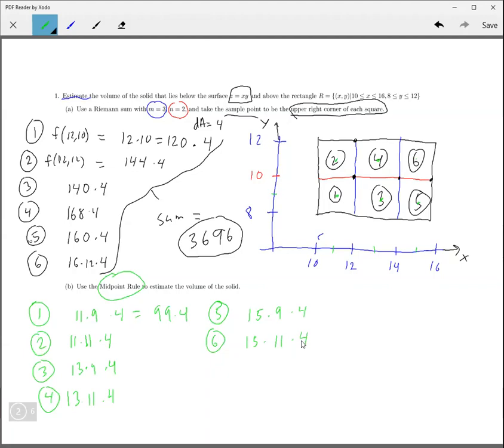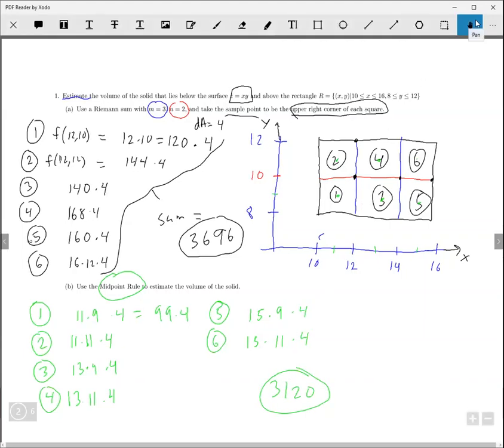So 11 times 9. I got 3,120. Okay, so that's like the only one that we're going to do that way.